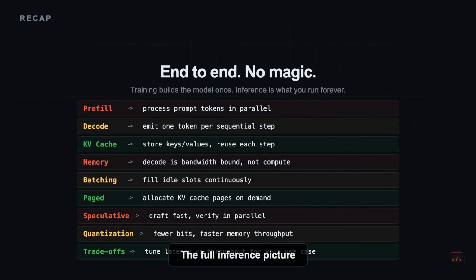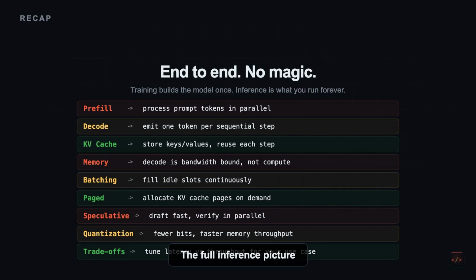Generation splits into a parallel prefill and a sequential decode. The KV cache stores keys and values, so each token is cheap, but it eats memory and makes decode memory bound. Continuous batching keeps the GPU full, paged attention manages the cache efficiently, and speculative decoding produces several tokens per step.